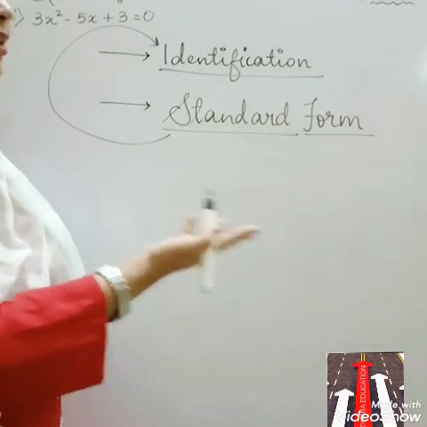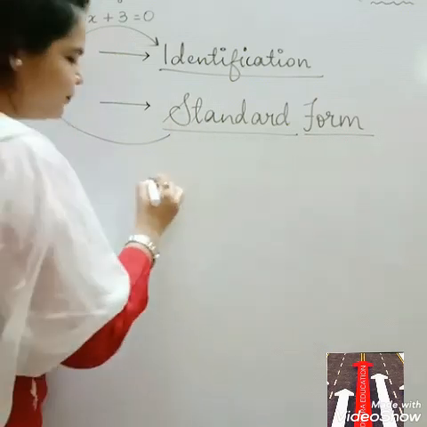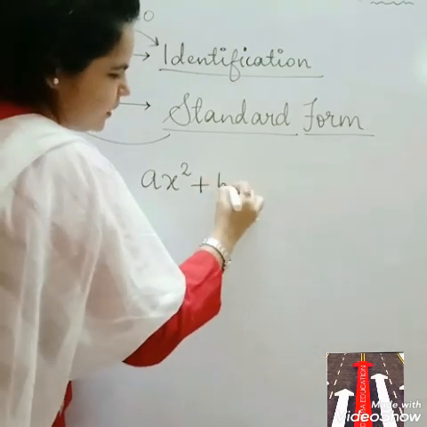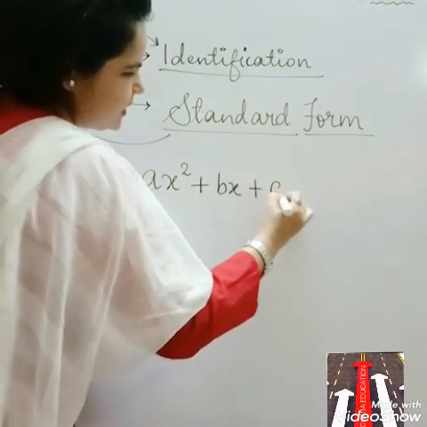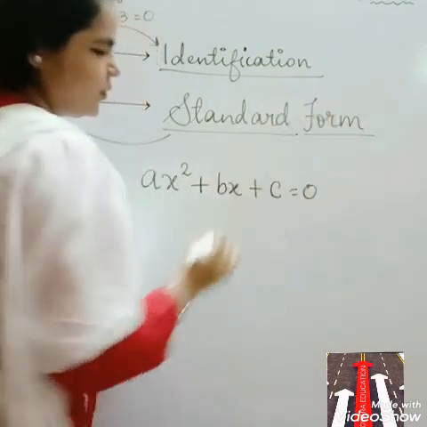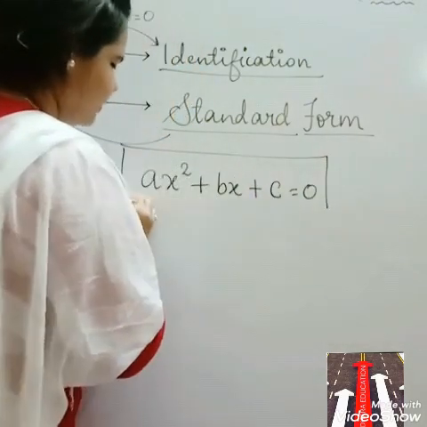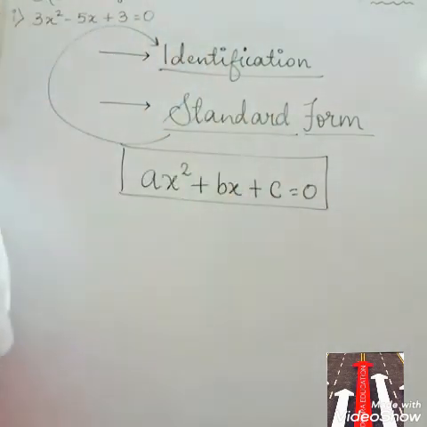So what is our standard form? As we know, ax square plus bx plus c is equal to 0. This is our quadratic equation standard form.